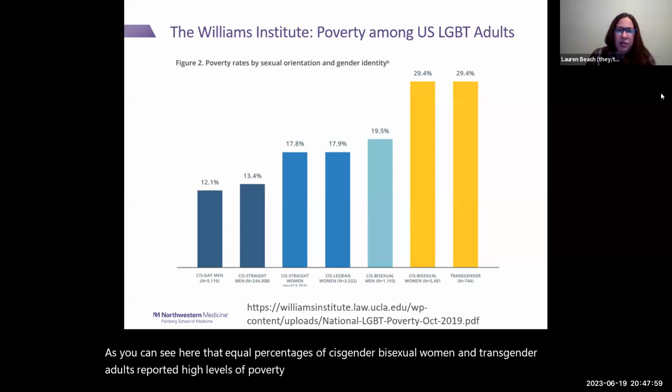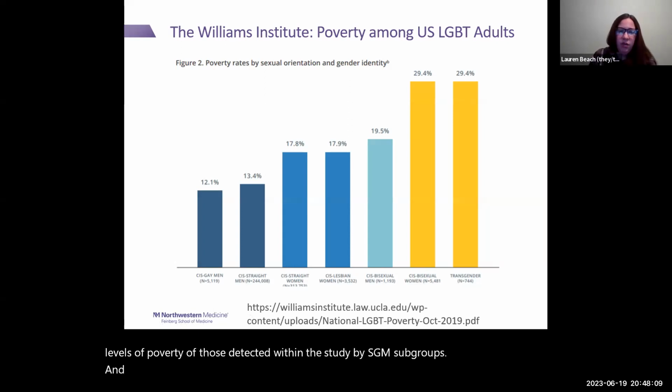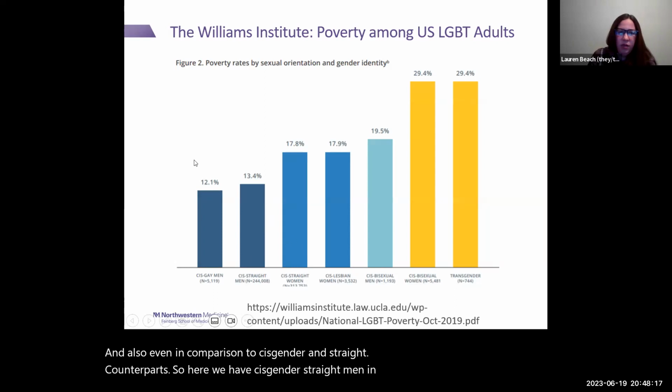And you can see this on the far right side, the highest levels of poverty of those detected within the study by SGM subgroups, and also even in comparison to cisgender and straight counterparts. So here we have cisgender straight men, and here's cisgender straight women.